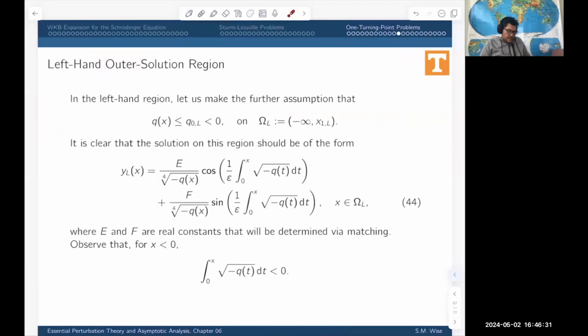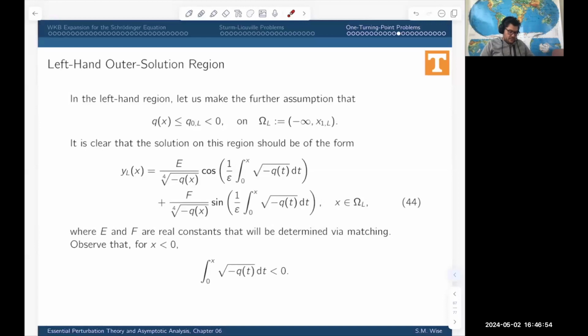All right, now that's the inner solution region. That's because the Airy equation had those two solutions that have this well-known asymptotic approximation. We've got to try to marry that through matching to the solution on the right-hand side. But before we do that, we need to construct the left-hand outer solution.